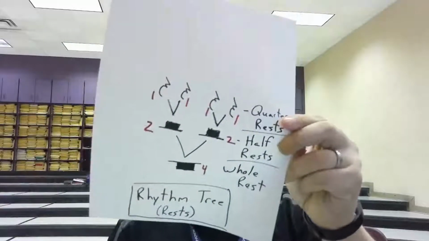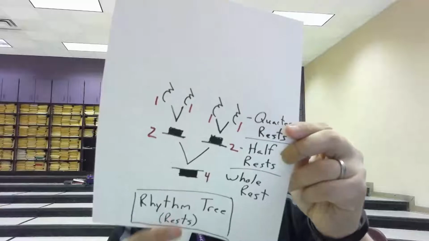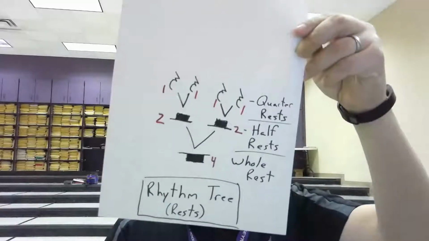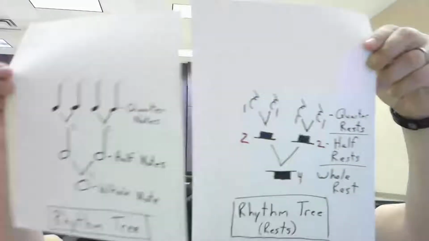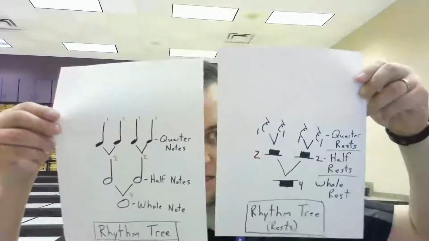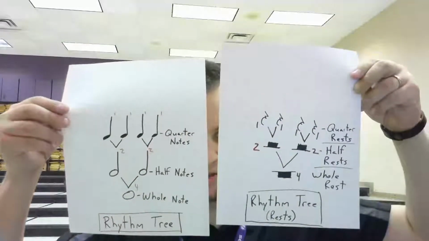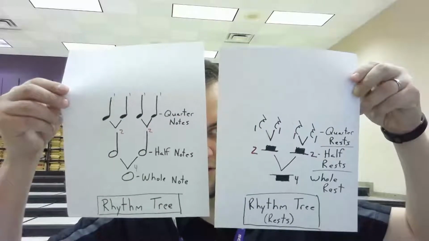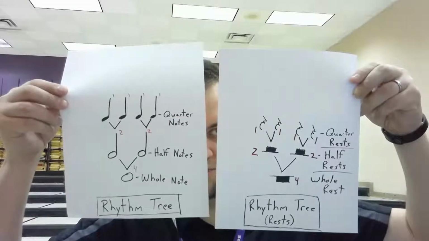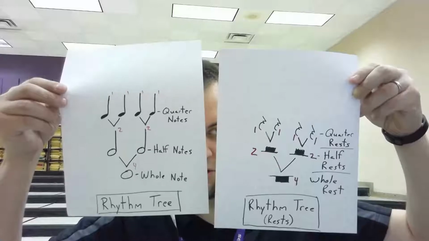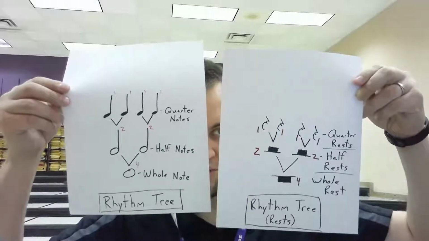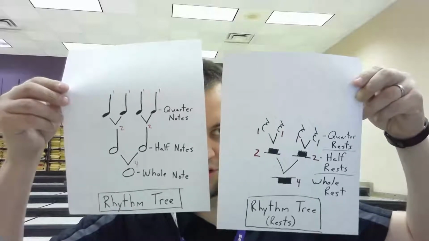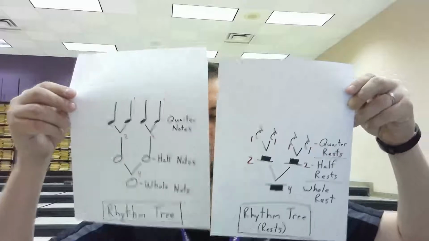And then over here, the basic rests: whole rest, half rest, and quarter rest. If you put them side by side, you can see how they line up, and how wholes are worth 4, halves are worth 2, and all quarters are worth 1 each, 1 beat or 1 pulse.